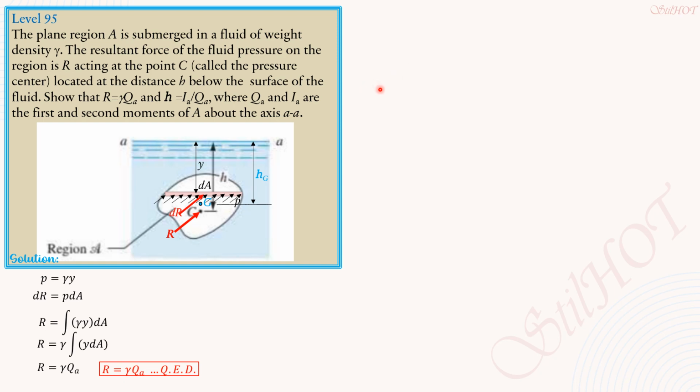For the second part, we use the second moment, that is R times h equals the integral of the moment arm of dR, which is y, times the differential force dR. So replacing R by weight density times QA, times h equals the integral of y, then replacing dR by specific weight times y dA.